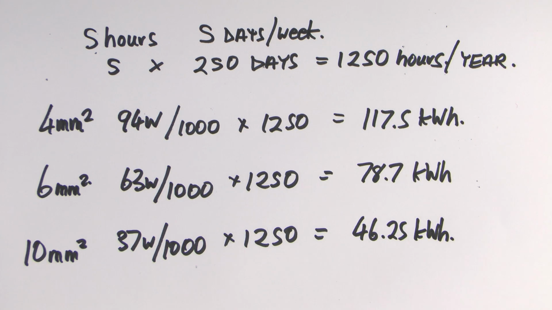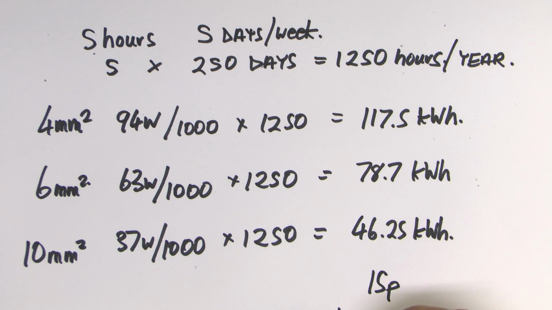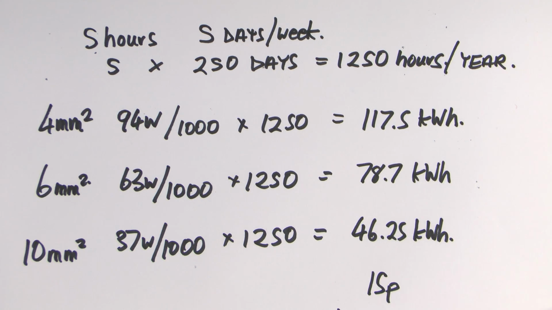Well, of course it depends on how much you pay for electricity. What we'll assume here is an ordinary figure in the region of 15 pence, or basically I'll put 0.15. Of course some areas may be less than that, some areas may be considerably more. It will depend on who you're buying it from and where you live and various other factors.